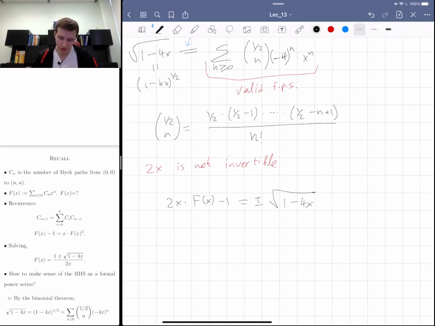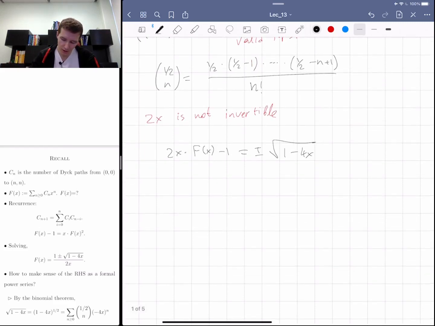Notice that here both sides make sense; both sides are nice formal power series.